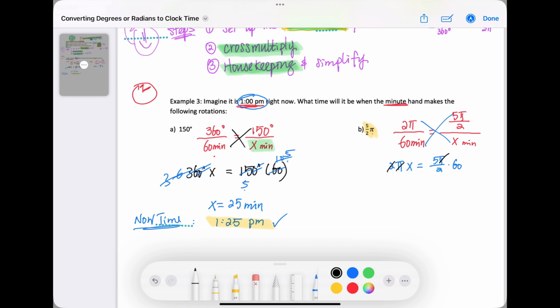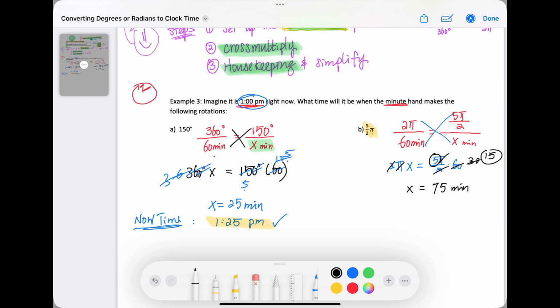Both sides have 2, so I can divide both sides by 2, and the 2 cancels out. The 60 divided by 2 will be 30. Then 2 and 30 can divide, so I get 15. What do I have left? x is equal to 5 times 15. That gives me 75 minutes.